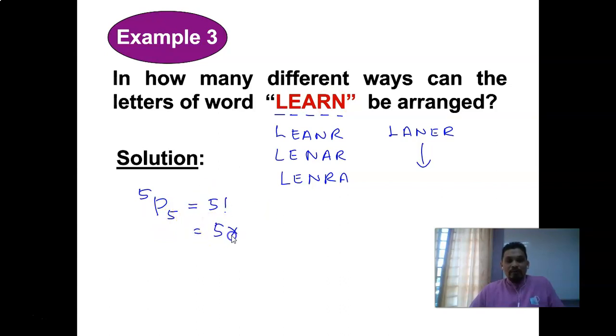So it is 5 times 4 times 3 times 2 times 1 equal to 120. 5 times 4 equal to 20, 20 times 3 equal to 60, 60 times 2 equal to 120. So there are 120 ways of arranging all the letters of LEARN. And look at this, all the letters appear once only.